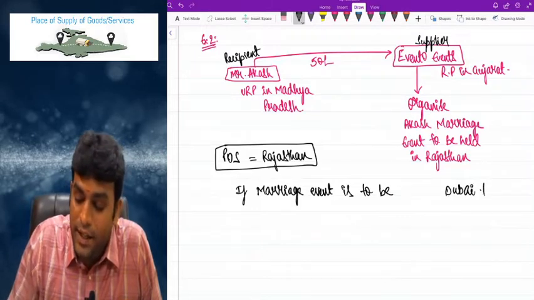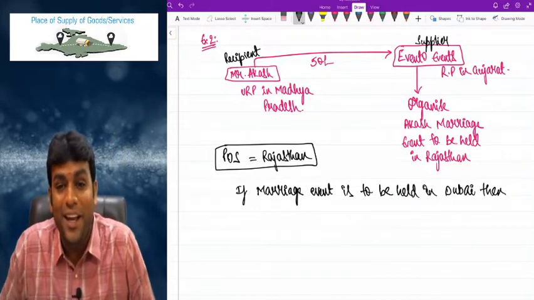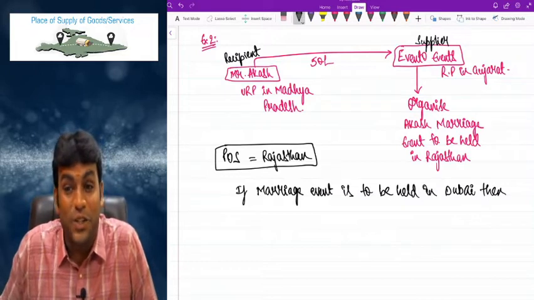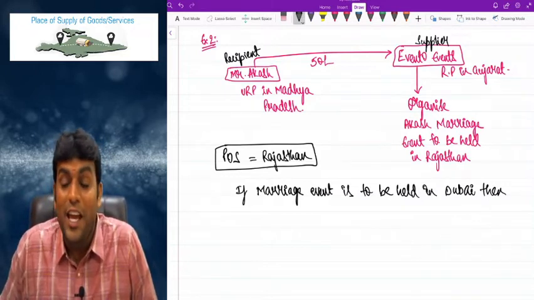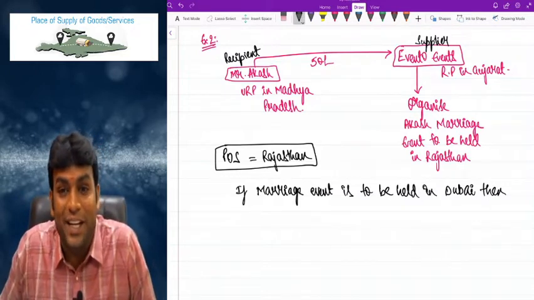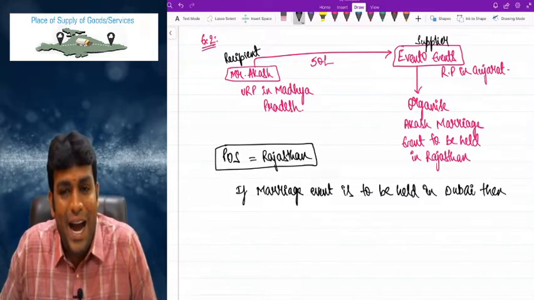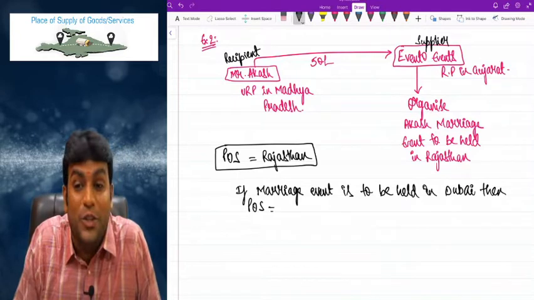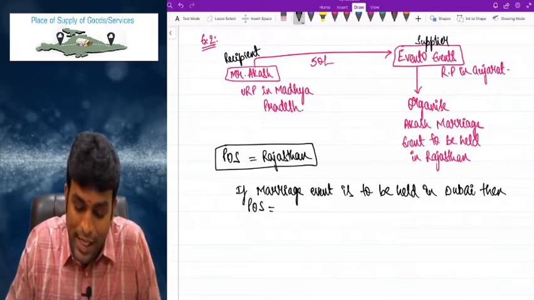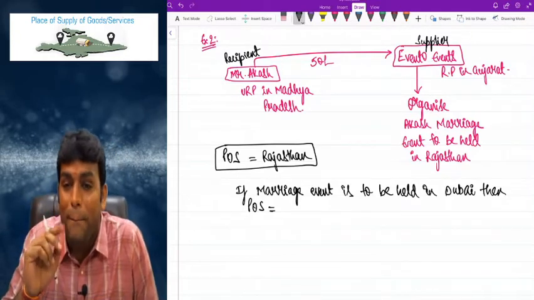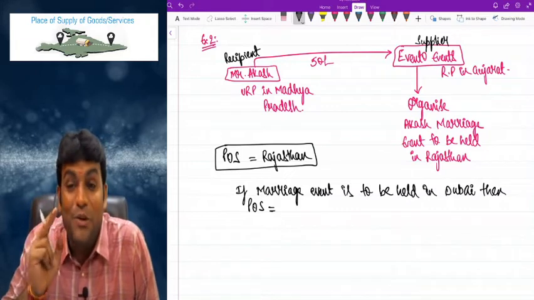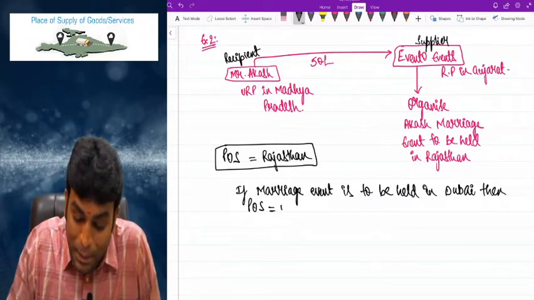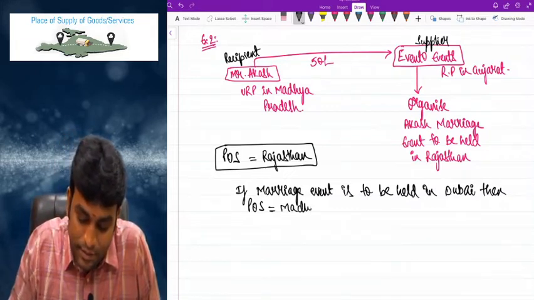If the marriage event is to be held in Dubai, then without second thought, place of supply will work out to Madhya Pradesh.